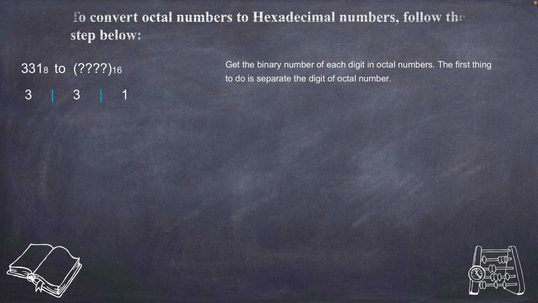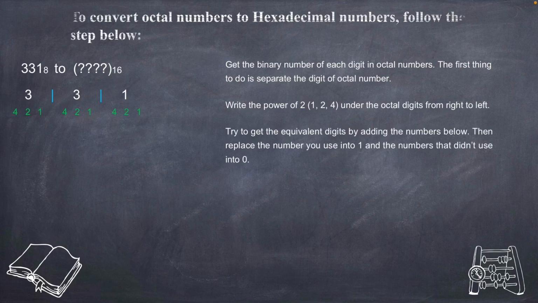So ang una natin gagawin ay write the power of 2, 1 to 4 under the octal digit from right to left. So kagaya na naman ng ginawa natin, na lalagyan natin ng 1 to 4 sa baba ng digit from right to left. 1 to 4, 1 to 4, and 1 to 4.